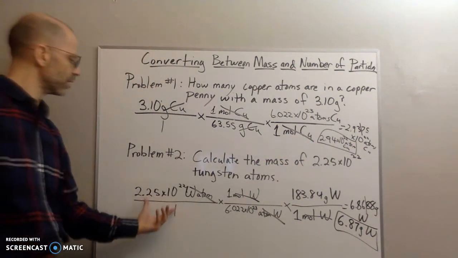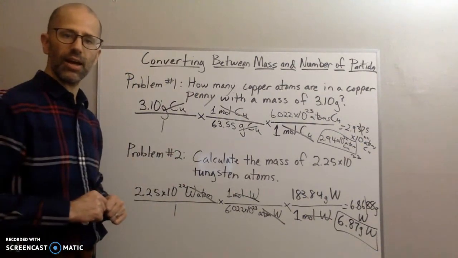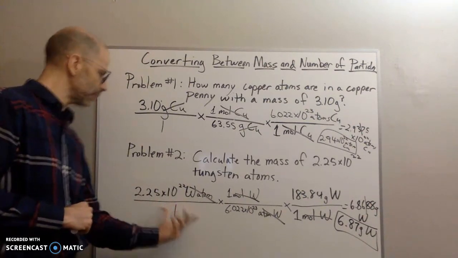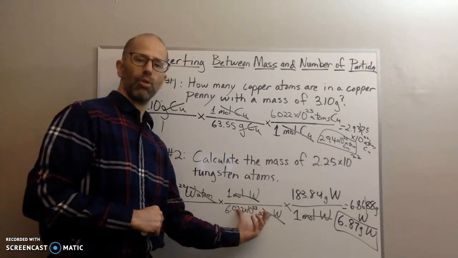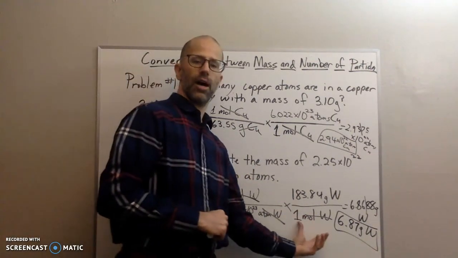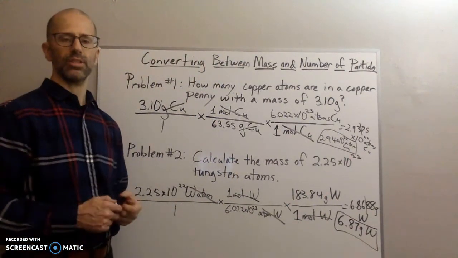If I'm going the other way, then I'm switching the conversion factors around. So here I'm starting with atoms. So to convert atoms to moles, I use Avogadro's number. And then to convert moles to grams, I use the molar mass of the substance I am interested in.